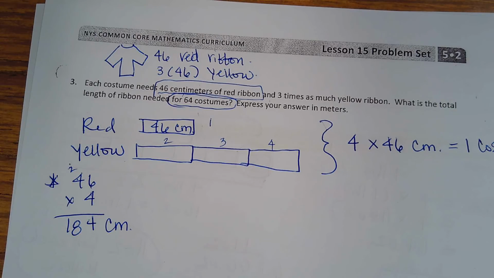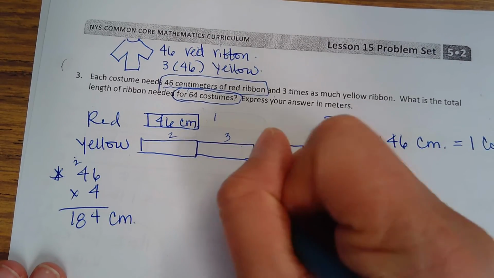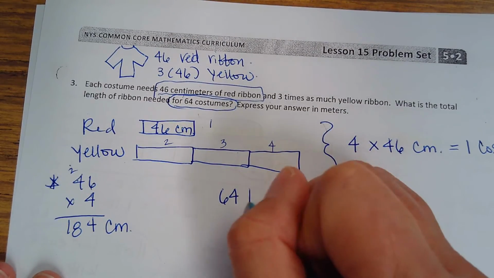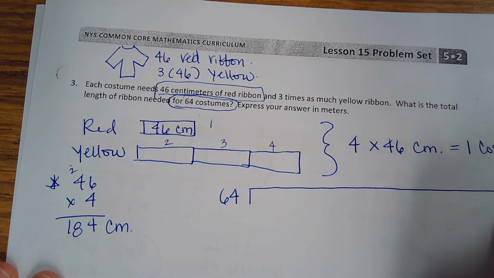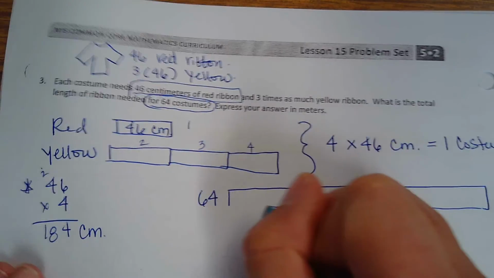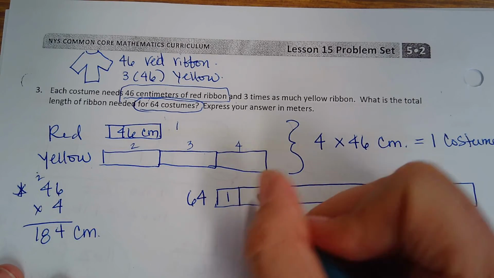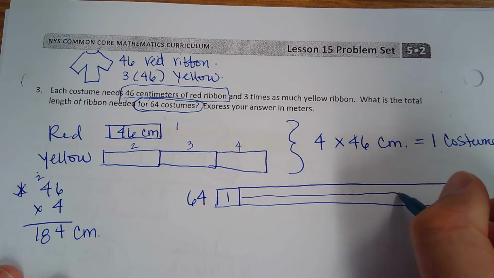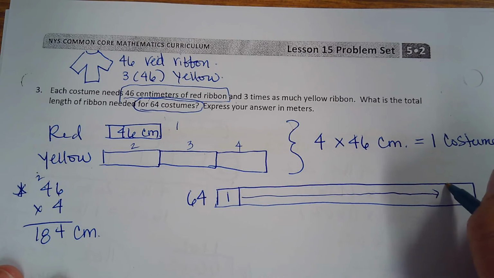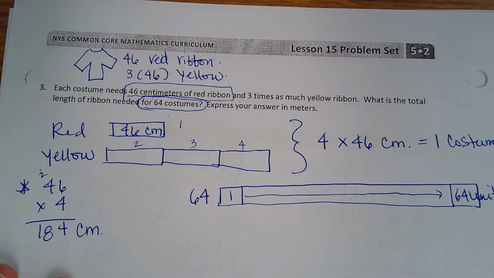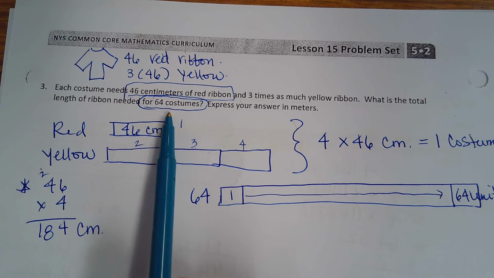Now, we need to think about 64 costumes. So here's one costume or one unit all the way up to 64 units, right? Because we have to go up to 64 costumes.